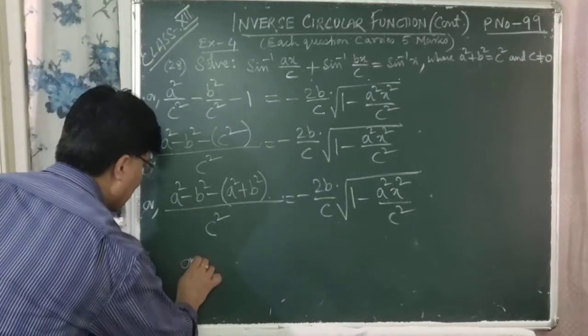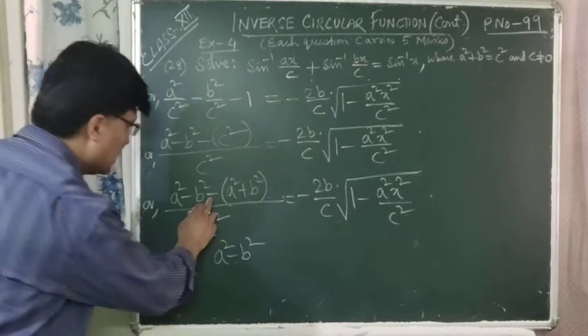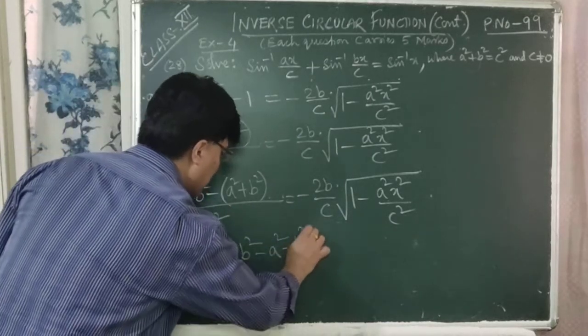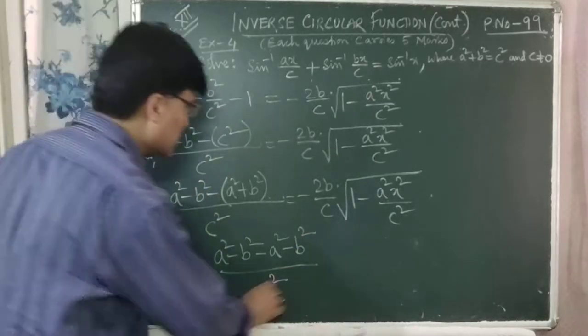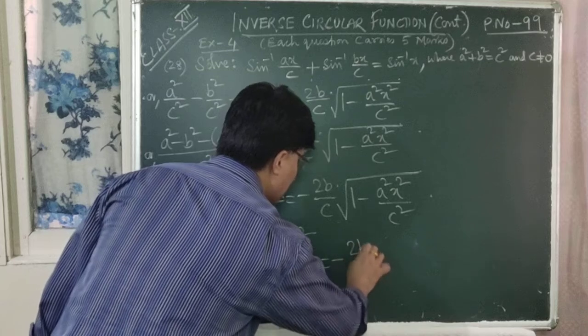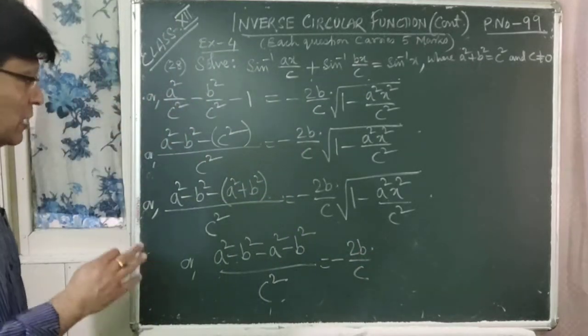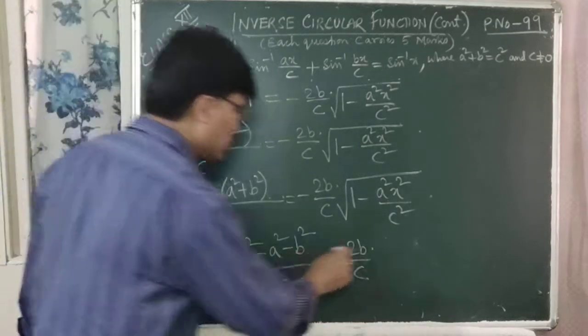Okay. Let us simplify it further. a square minus b square, right? Minus a square minus into plus minus b square divided by c square, which is equal to minus 2b by c. Keep the right hand side as it is. This right hand side does not change.